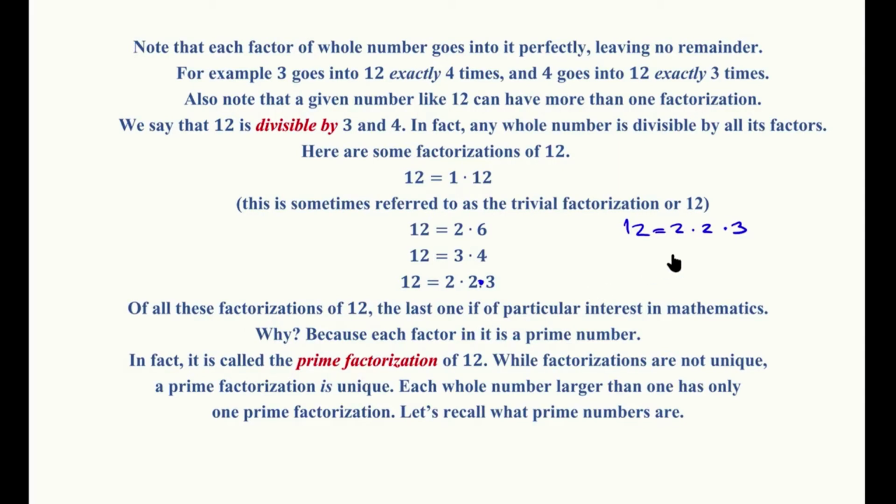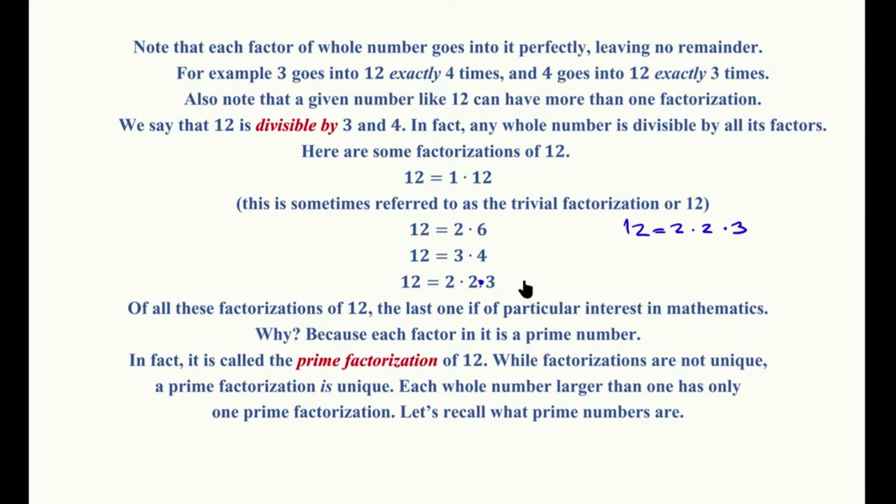If you recall from your previous experiences with math, a prime number is a natural number larger than 1 that is only divisible by 1 and itself. So 2 is a prime number, 2 again, of course, is a prime number, and so is 3. That's why we call this particular factorization of 12 the prime factorization of 12.